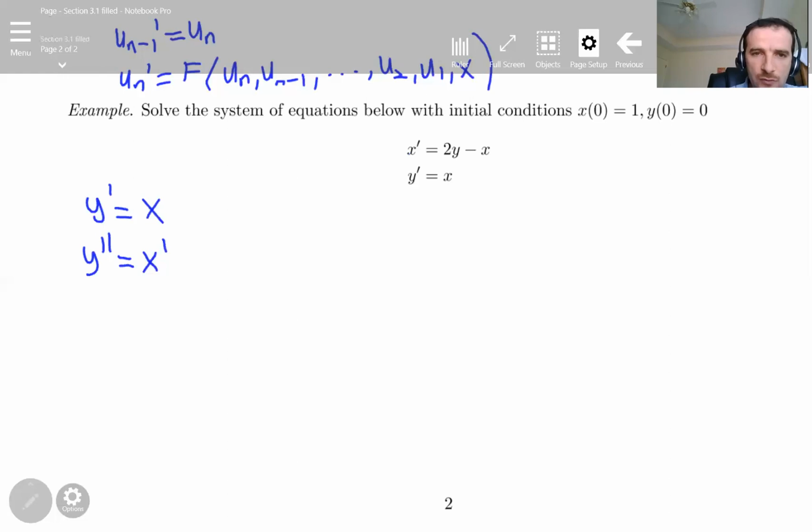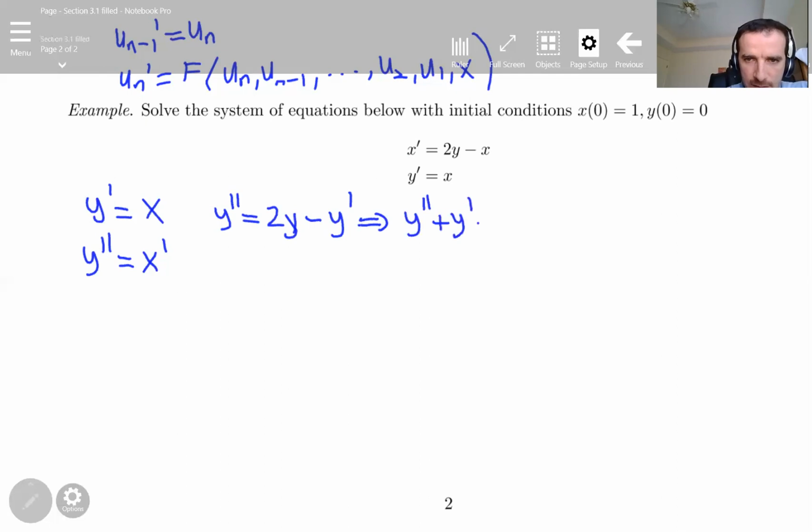So y double prime is equal to 2y minus x, and x is y prime. So I can rewrite this as y double prime plus y prime minus 2y is equal to 0.